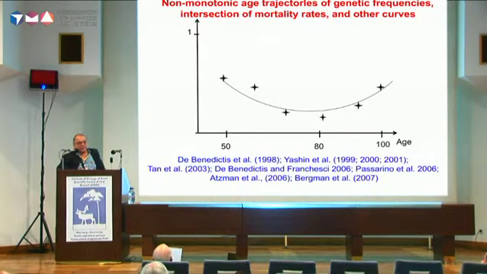What could be the cause of this crossing of curves? If we take the 100 age point, you will remember that since the 50s, the number of 100-year-olds has grown significantly.